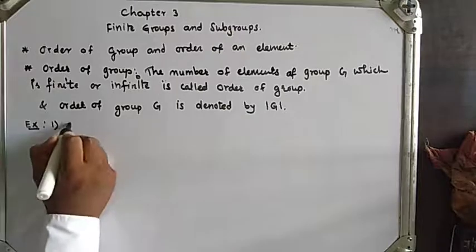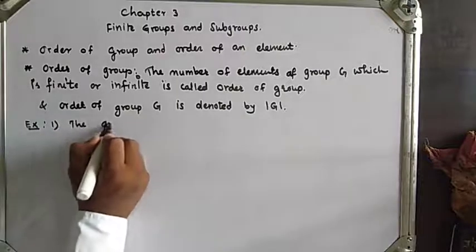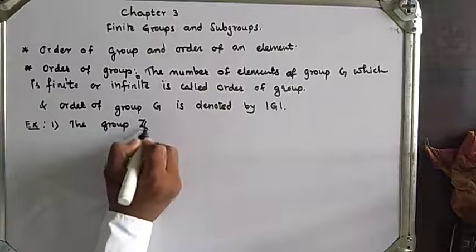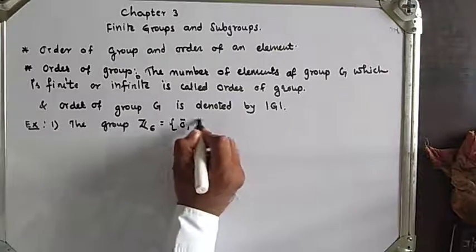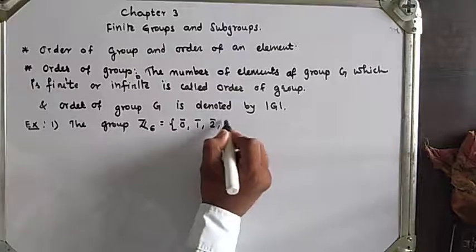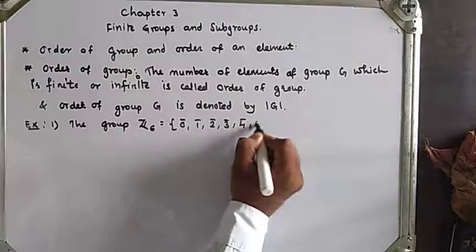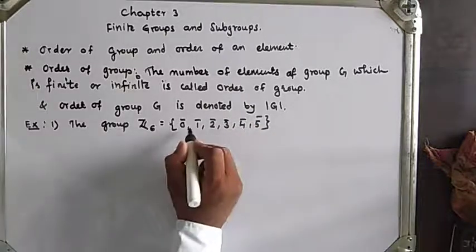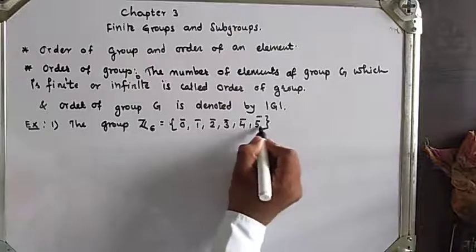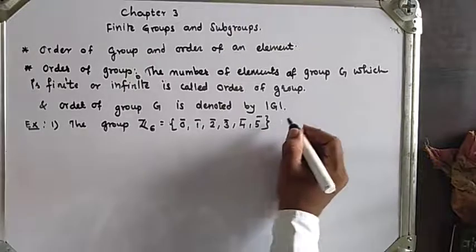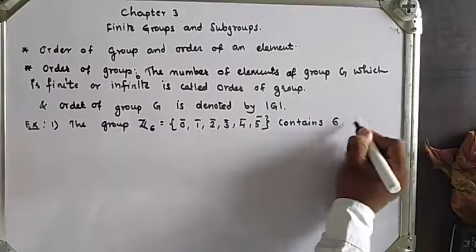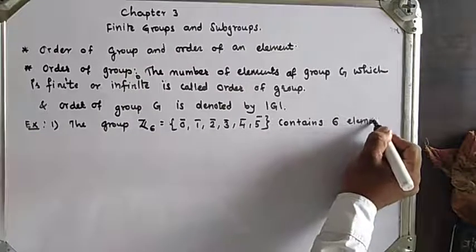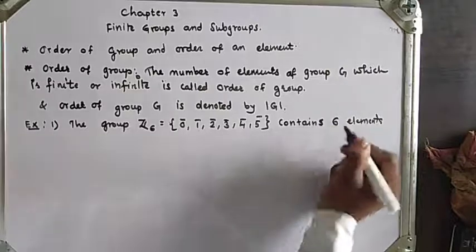in the first example, the group Z6. What are the elements in Z6? They are 0 bar, 1 bar, 2 bar, 3 bar, 4 bar, 5 bar. So there are total 6 elements.